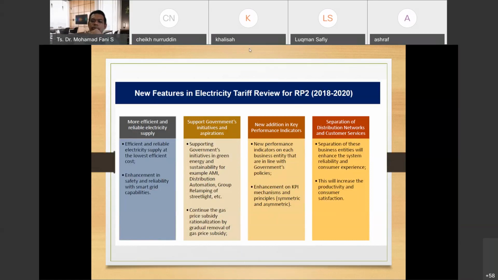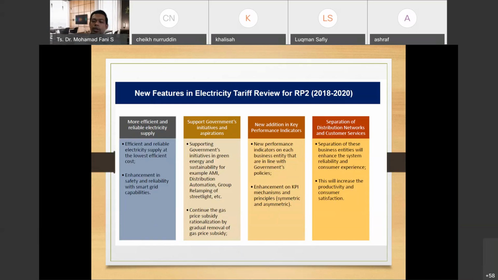It supports the government's initiative and aspiration for a more efficient and reliable electricity supply, right? And to put in the commitment for smart grid capabilities and tend to lower the efficient costs.